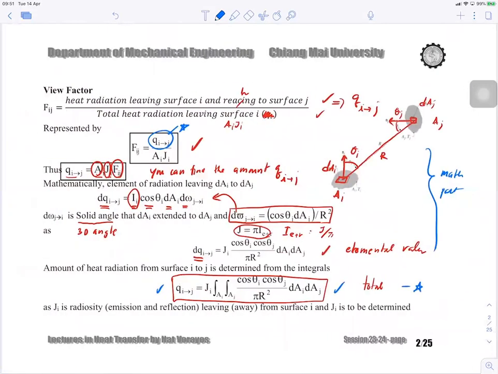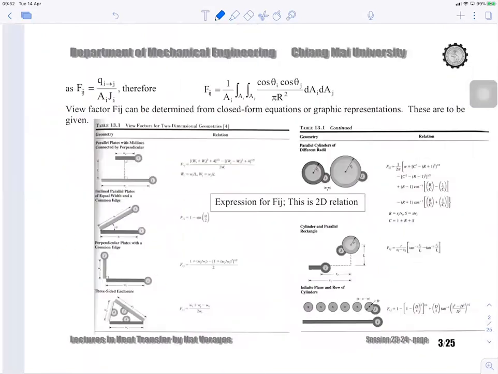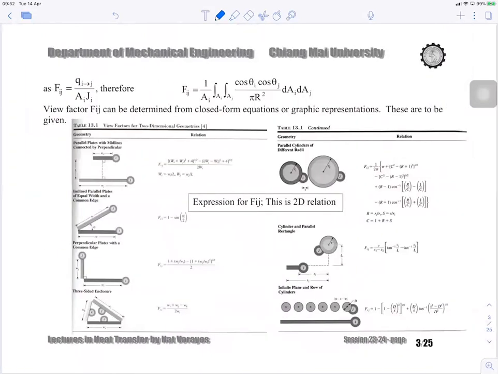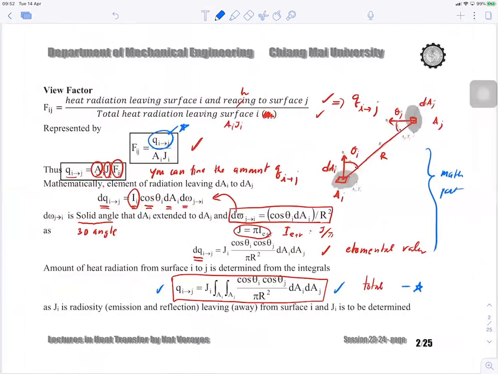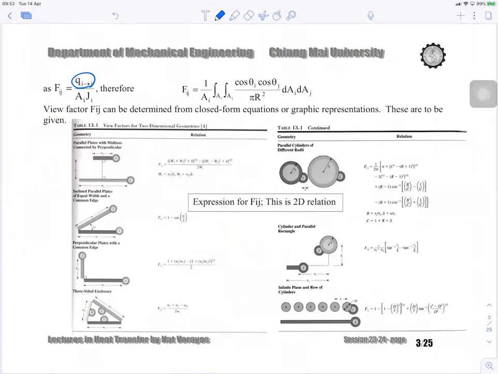If I substitute that Qi to j with this equation, and after plugging in and rearranging the equation once more, you're going to have the Fij. So this allows you to use math to solve for Fij.